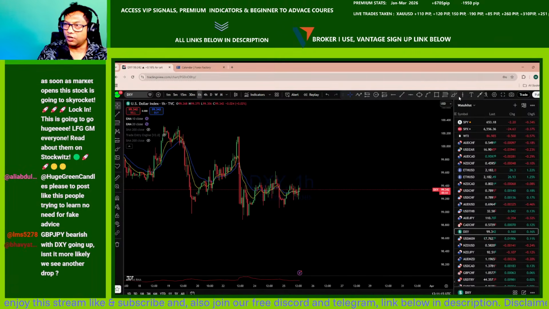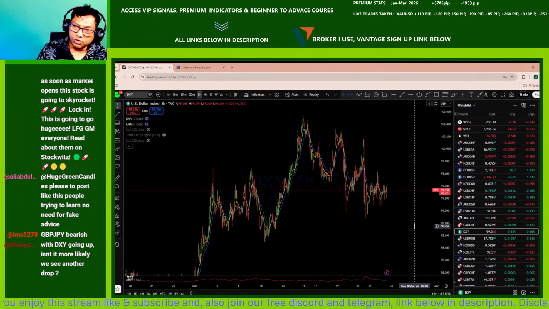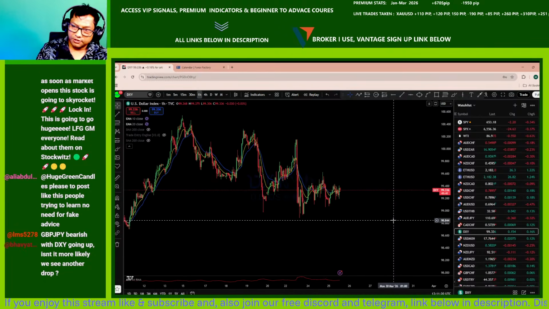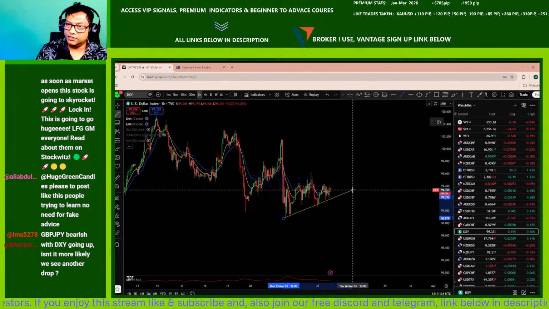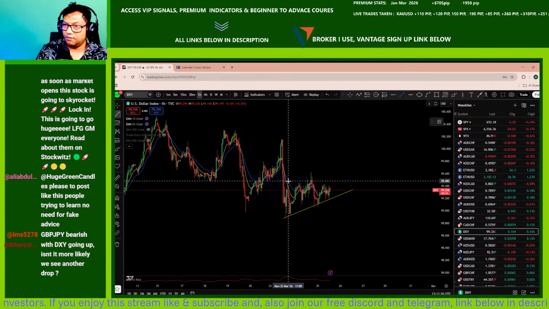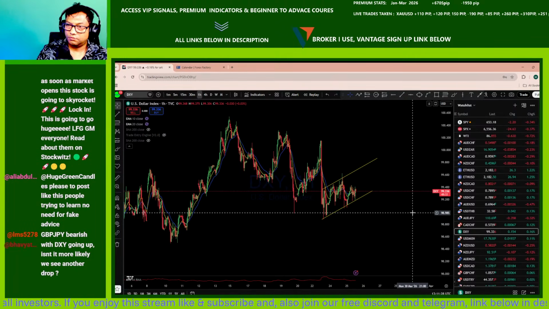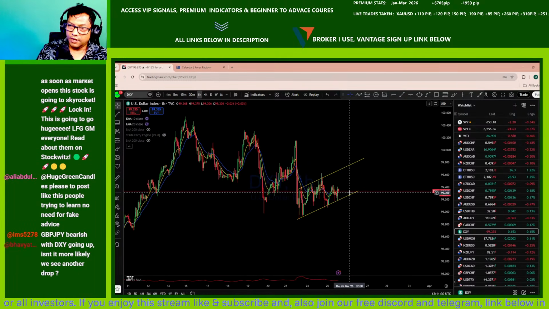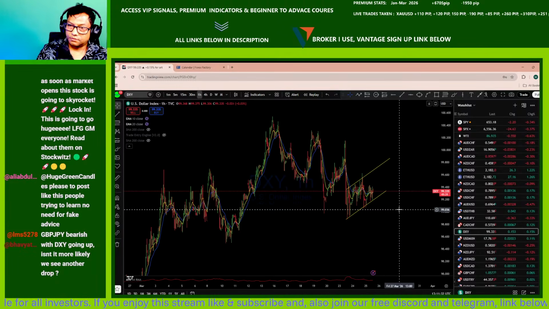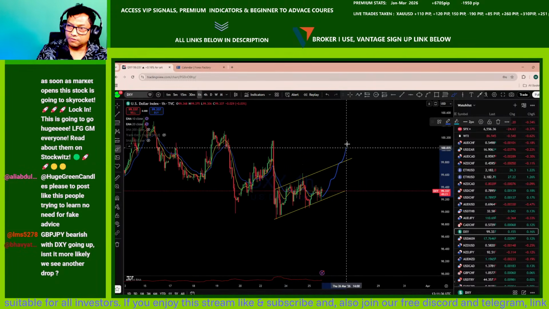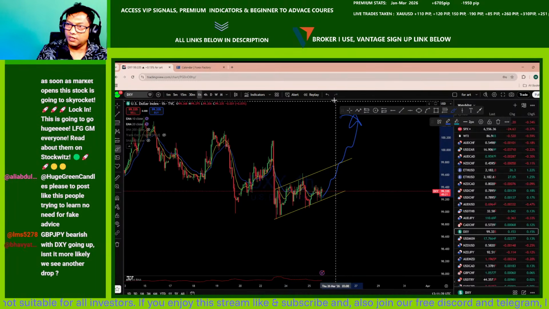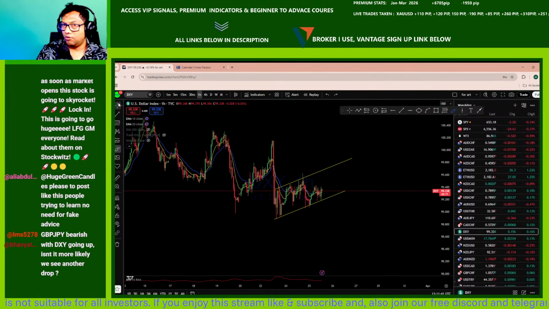DXY is moving in a narrow range, but usually this structure, the price action that we can see on DXY, is signaling buyers in control. And if that is the case, then we could see the market go in that direction here on DXY.